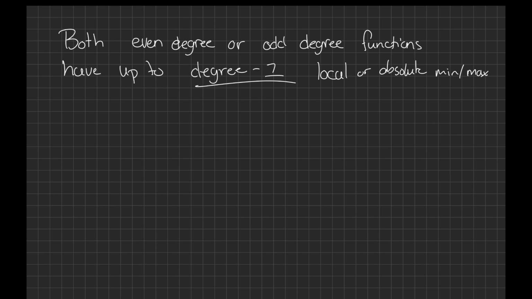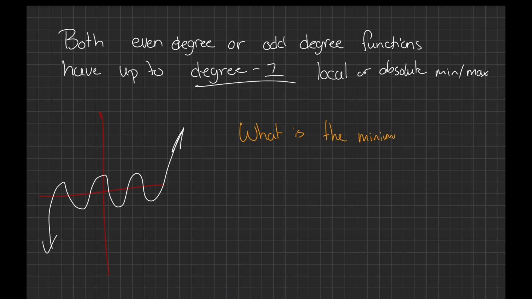So what this means is, for example, let's say we are given the drawing here and we have this function and we're trying to decide what it is, right? We just want to know what is the minimum degree of this function. So we're pretty much asking, what is the lowest number that the biggest exponent will have?